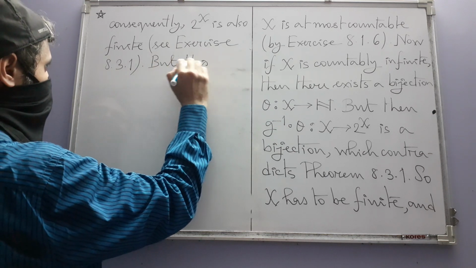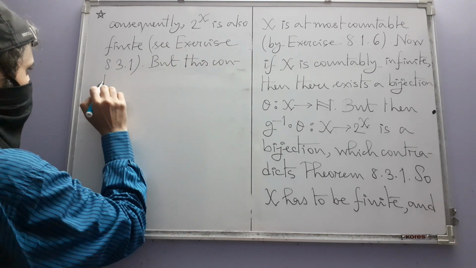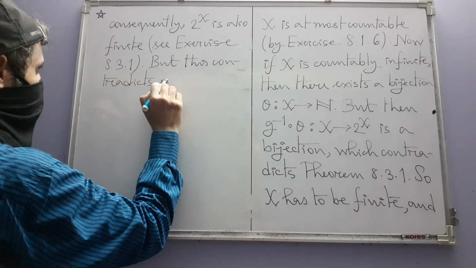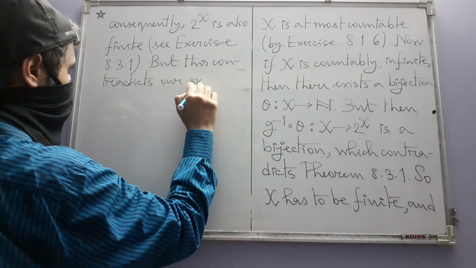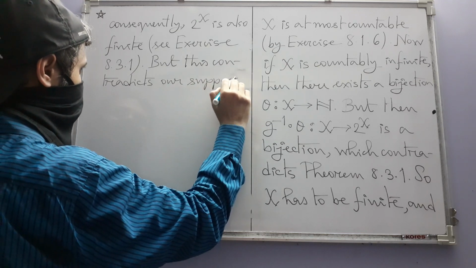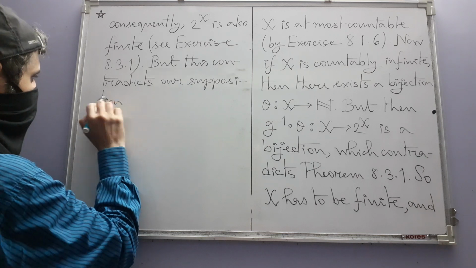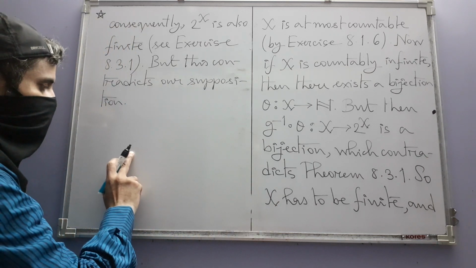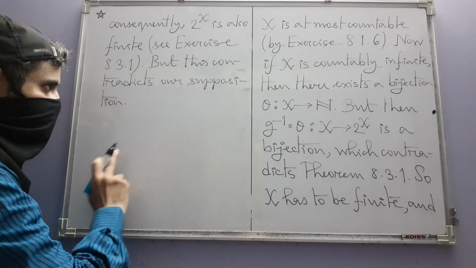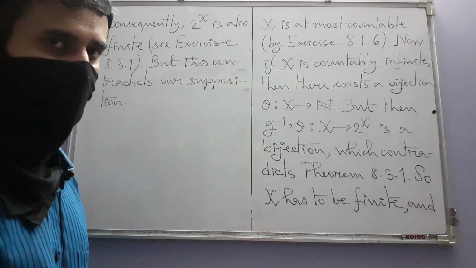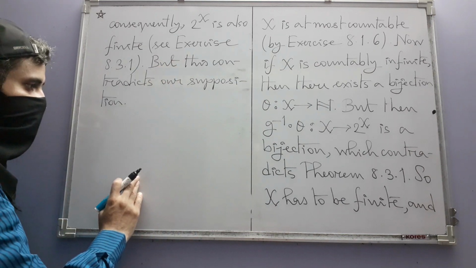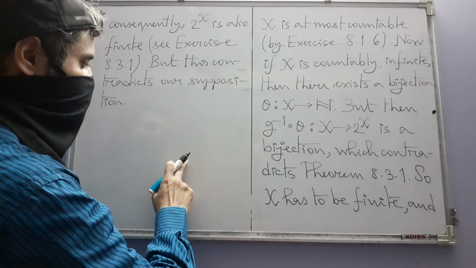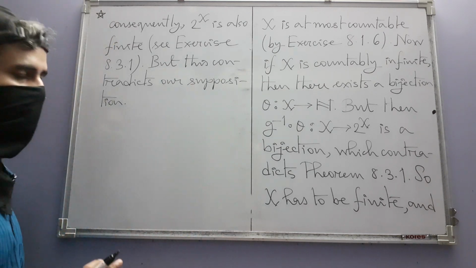But this contradicts our supposition. What was our supposition? Namely, that there is a bijection between the power set of x and n. Now, if the power set is finite, how can there be such a bijection? Because we already know, in fact we proved that the set of all natural numbers is infinite.